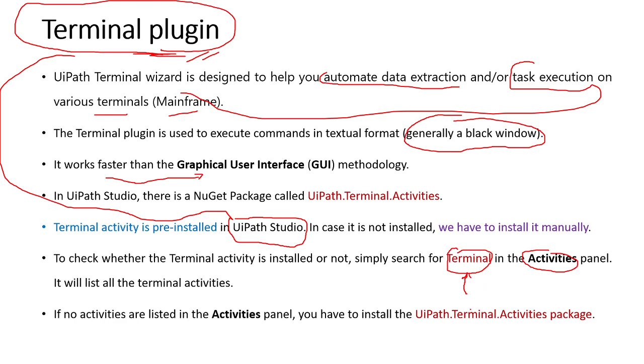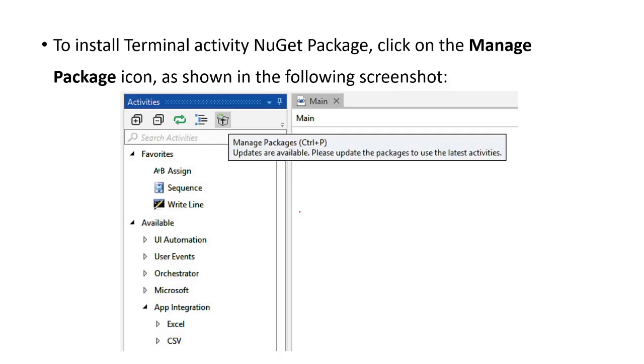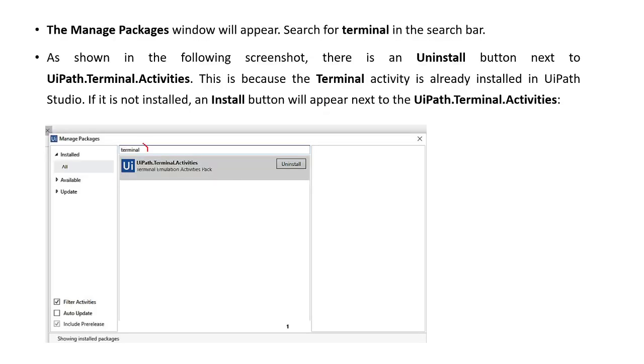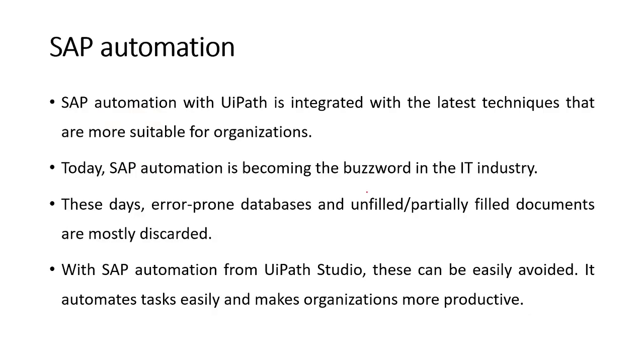Another way is to go to the package manager, where there is a search filter. Type terminal in the search filter, and if you see uninstall, then it is already installed. Otherwise, you will see the keyword install. This is what we understood in the last class.